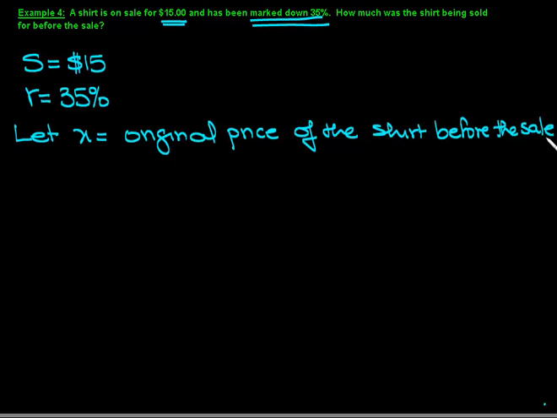Since it's a markdown, what are we going to do? Think about it. To figure out your sale price, if you're buying something on sale, you would take whatever the original price was, okay, minus the markdown, how much you got off. Correct? You got some discount because it's on sale, and when you subtract that, you'll get your sale price.